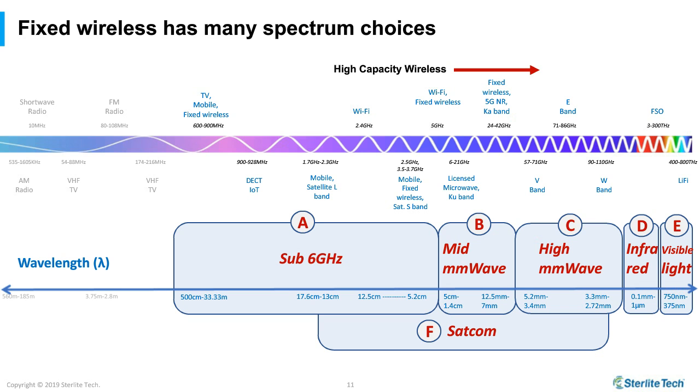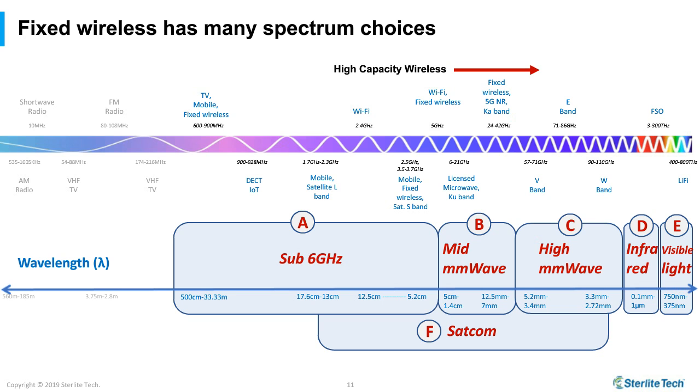So this gives you a spectral overview, and I just forgot to mention Satcom. Lingering behind all of this is a whole host of LEO, low Earth orbit satellite companies that are launching thousands of these mini and micro satellites, and the push is to get wireless connectivity to every nook and corner of the Earth.